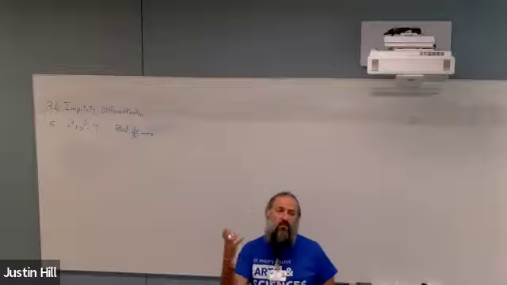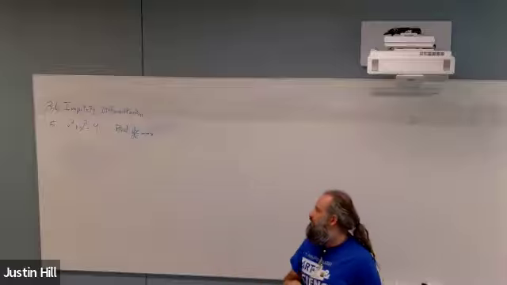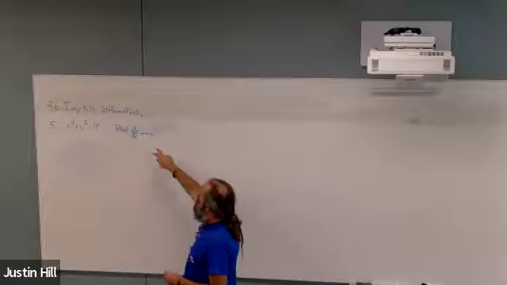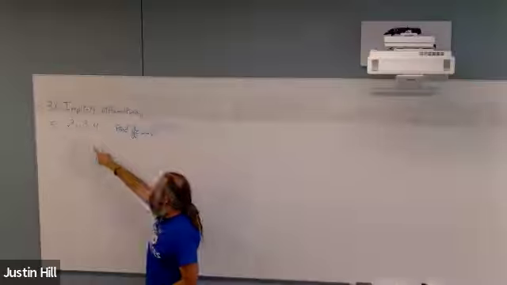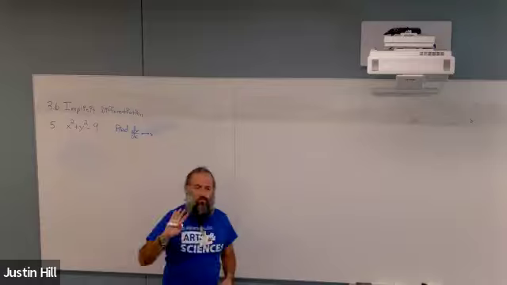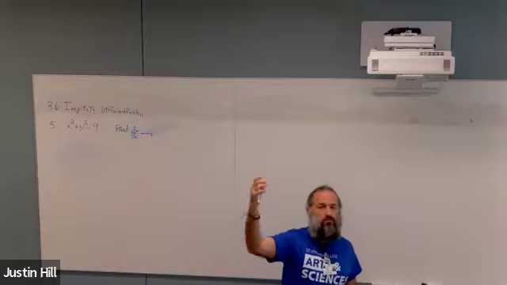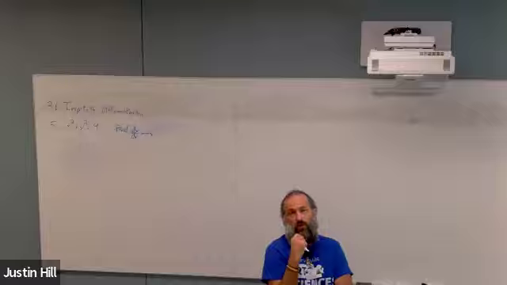It's an object that represents a whole function. When I say I want to find y prime, I'm saying this thing is a function. y squared is not a number squared, it's a function squared, and I want to find the derivative of that function.